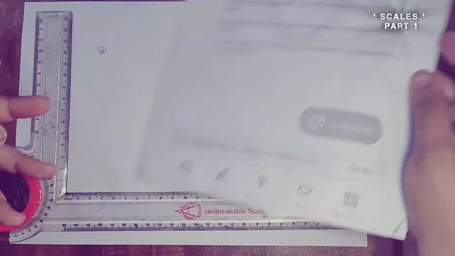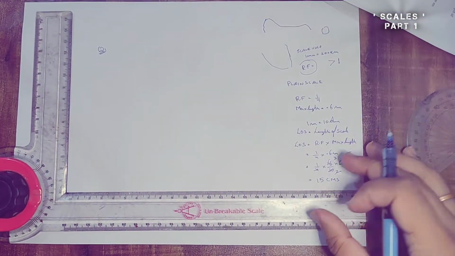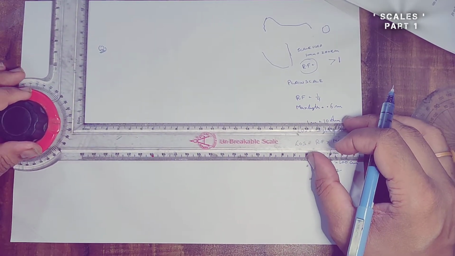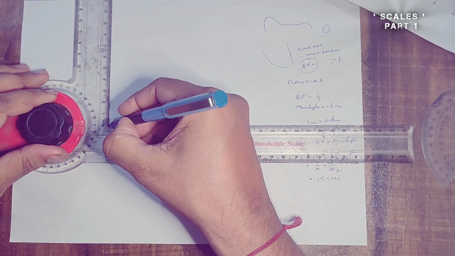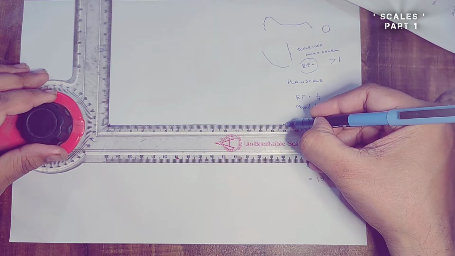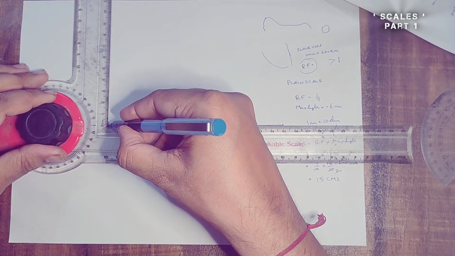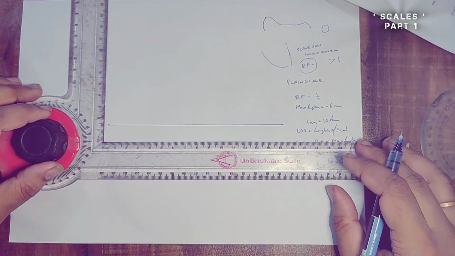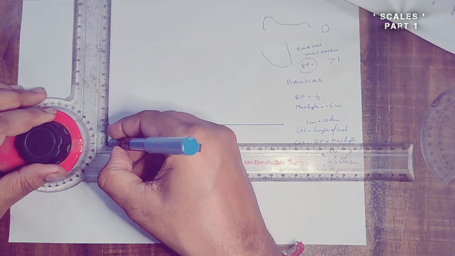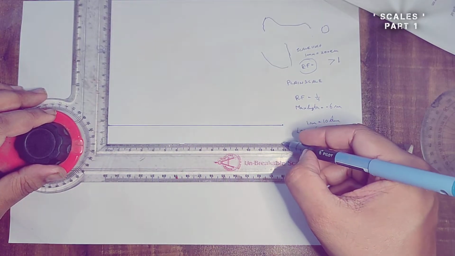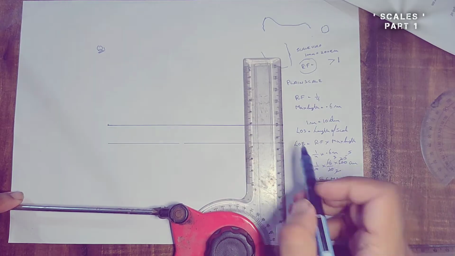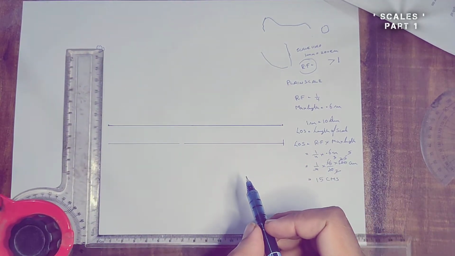So here, first you make a straight line of 15 centimeters. Then what does this line represent?